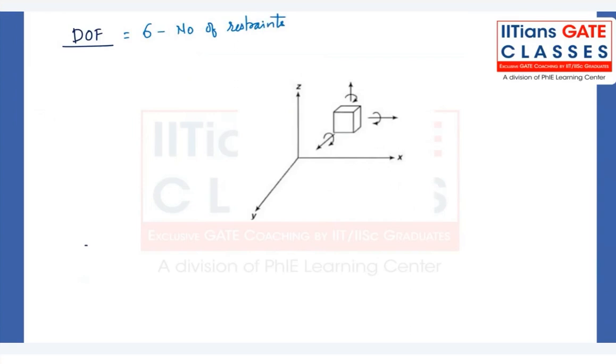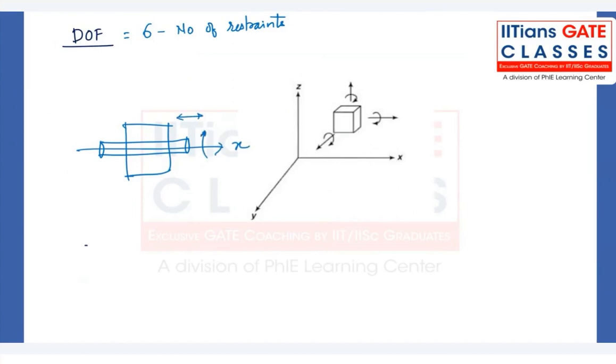For example, if I am constraining the motion of a body in some directions, say this is a shaft and this is a hole. Here this shaft can have translatory motion along the x-axis, or it can rotate about the x-axis.